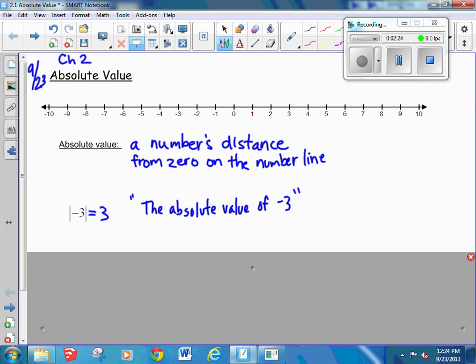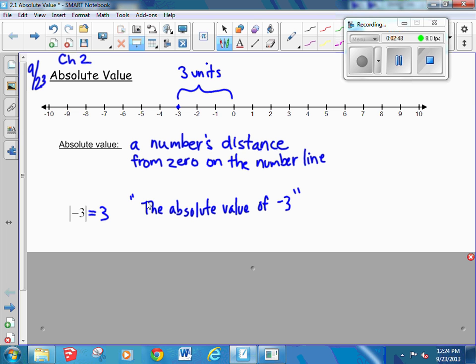So here's -3 on our number line. It is 3 units away from 0. Can you think of another number that has an absolute value of 3? It's another number that's 3 units away from 0.